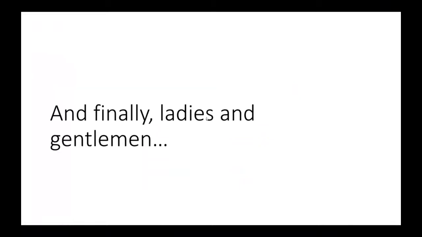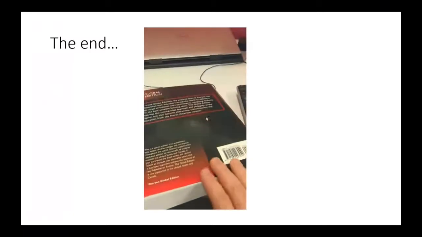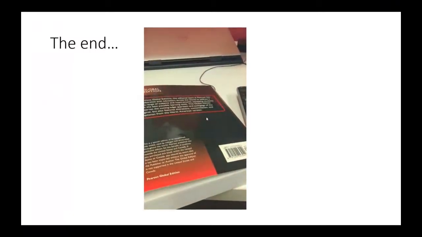And finally, ladies and gentlemen, the end. We've read the whole book. Congratulations. I hope you've enjoyed this. And there's still one thing that I want to do with you.